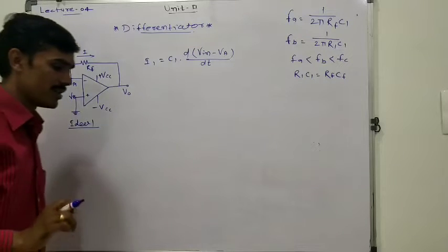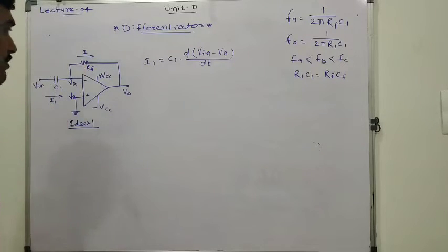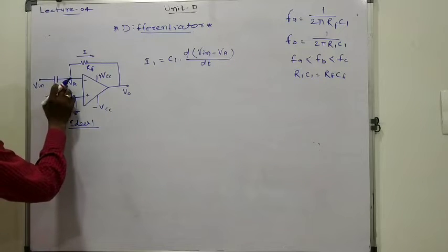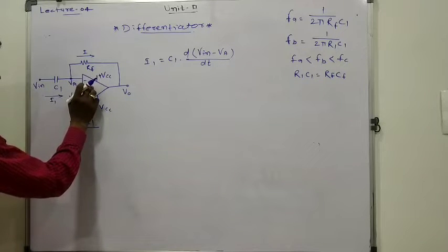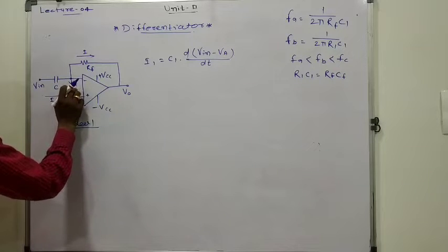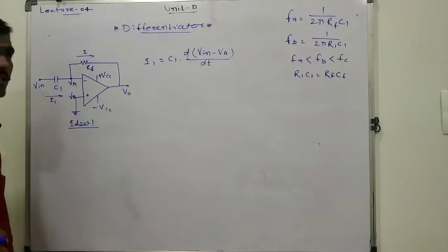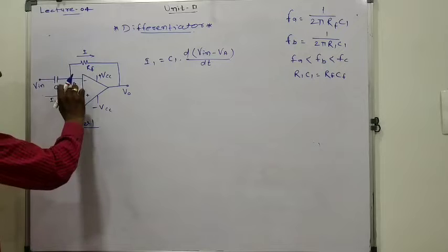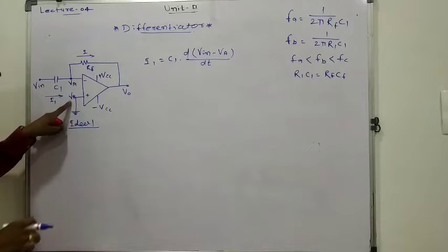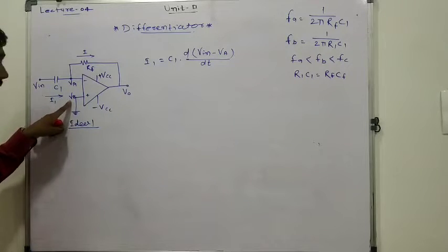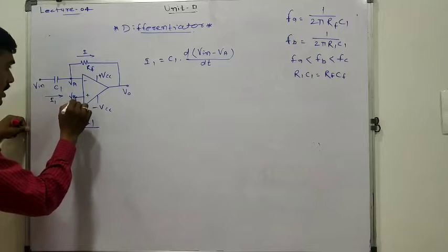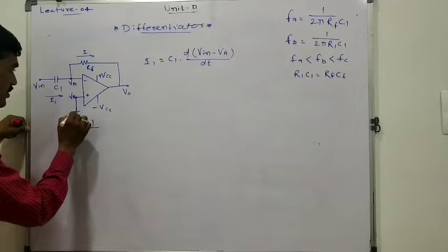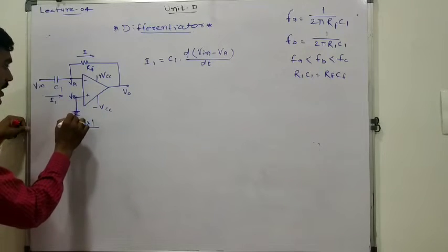Now in the general condition for the operational amplifier, we are assuming that the current flowing through the input side will be 0, and the voltage appearing at this point is the voltage appearing at the non-inverting terminal. We are assuming that this voltage is equal to 0, or we make it ground.